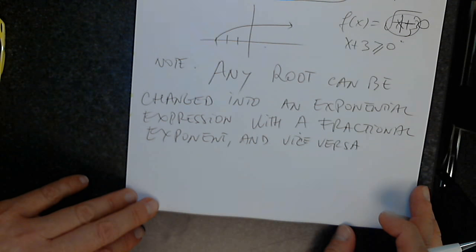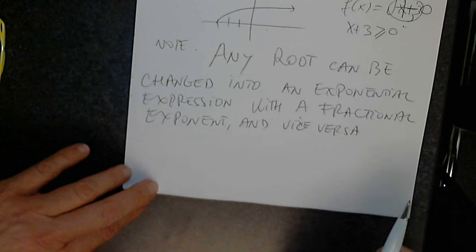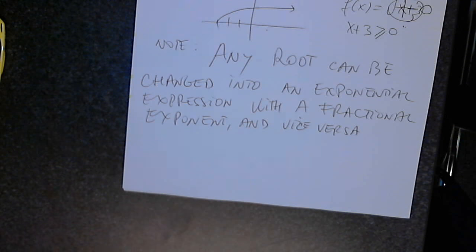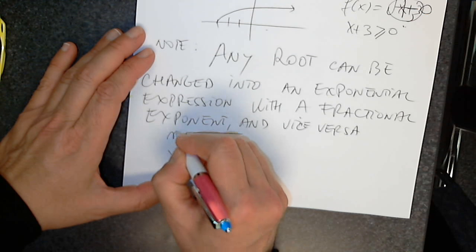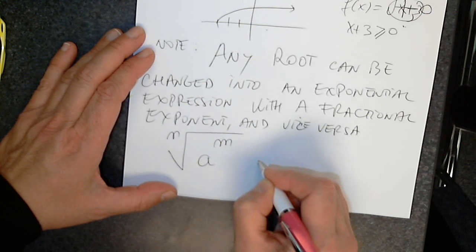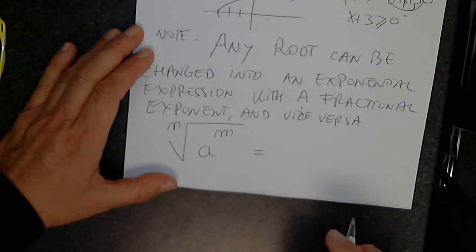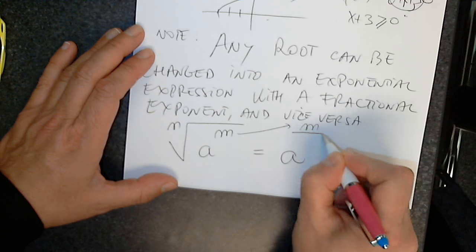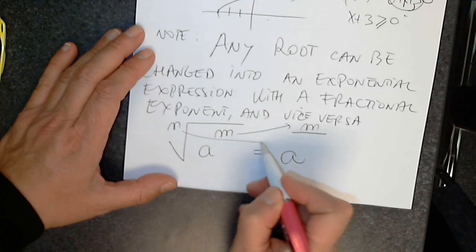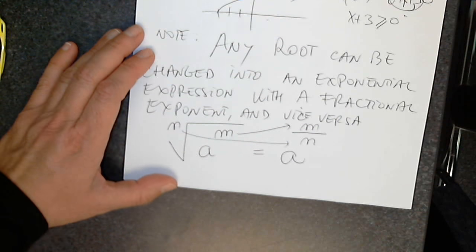Great. Better? Yeah. Good. So any root can be changed into an exponential expression with a fractional exponent and vice versa. So the nth root of a to the mth power can be rewritten as a raised to the power m over n. This is the power, the numerator of the power, and this is the denominator.